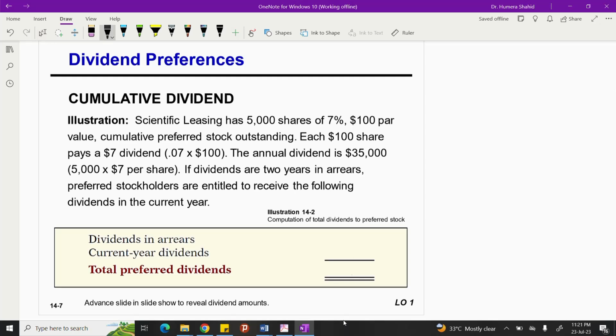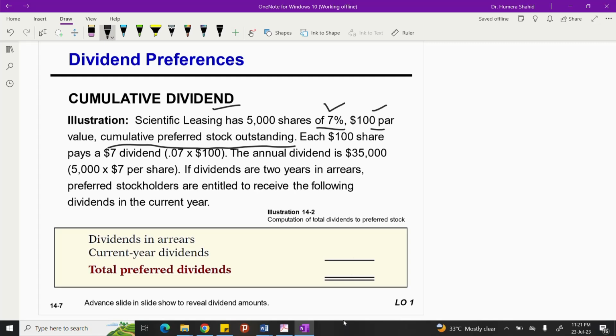Let's see one example regarding the cumulative dividends. Scientific Leasing has 5,000 shares of 7% $100 par value cumulative preferred stock outstanding. So the percentage is 7% and the par value is 100.